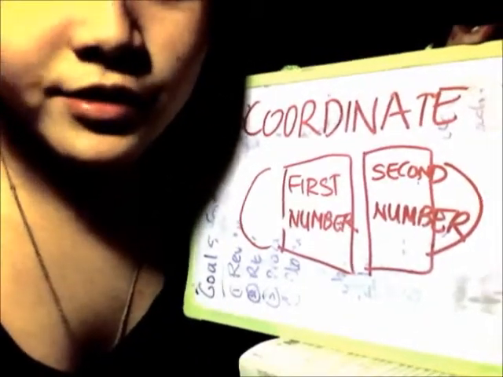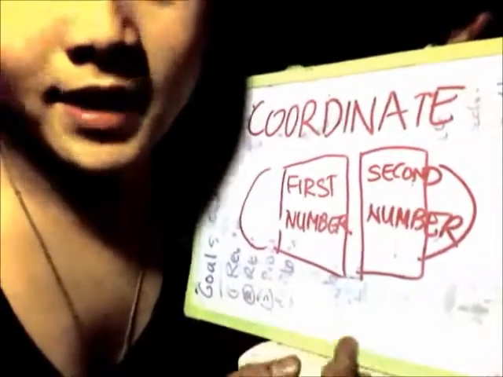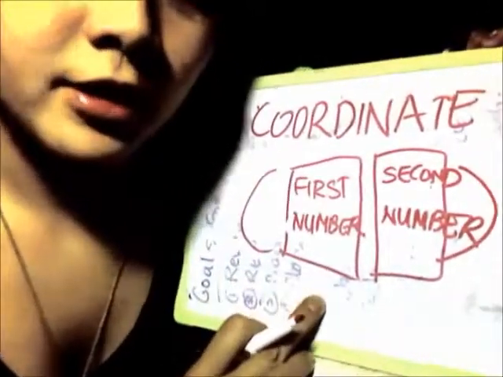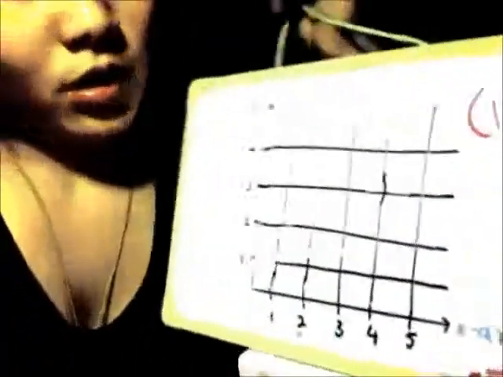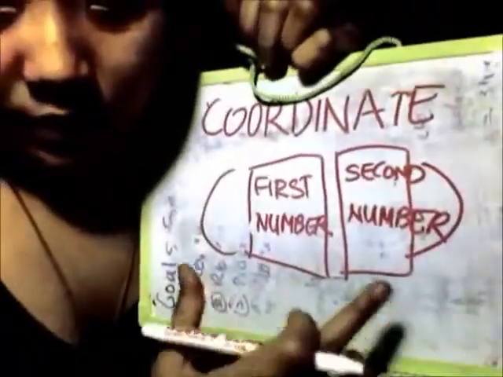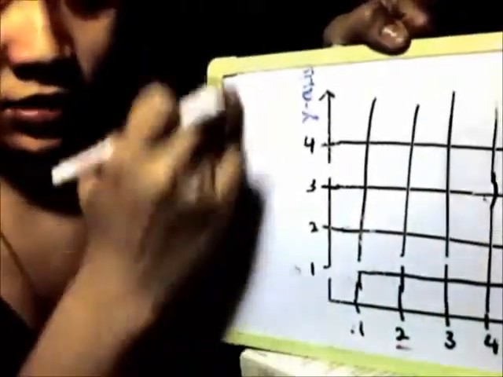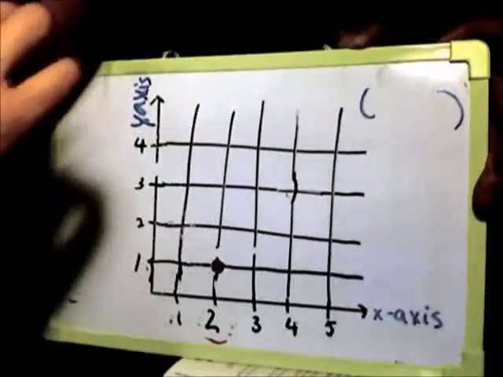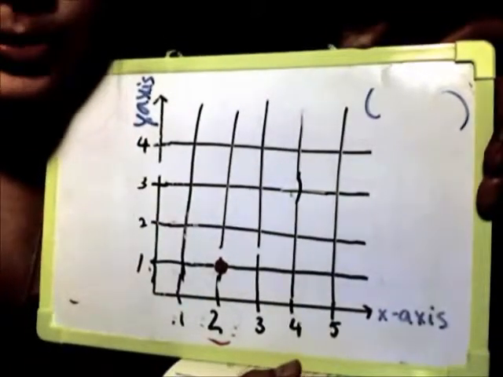So I'm going to be talking to you about the two numbers and what they say. The first number tells you which one of these x's you should look at. The second number tells you which one of these y's you should look at. So like I said, the coordinate has two numbers.